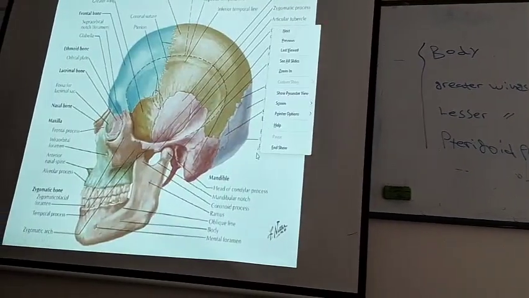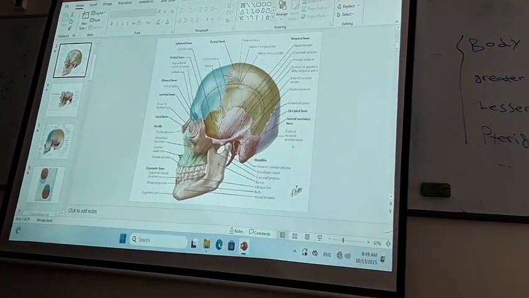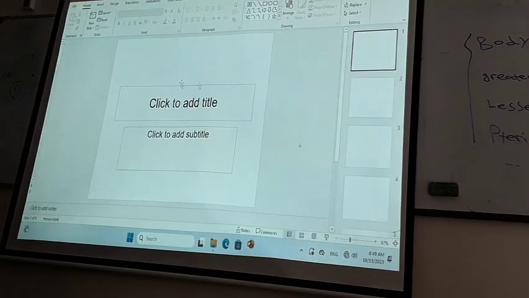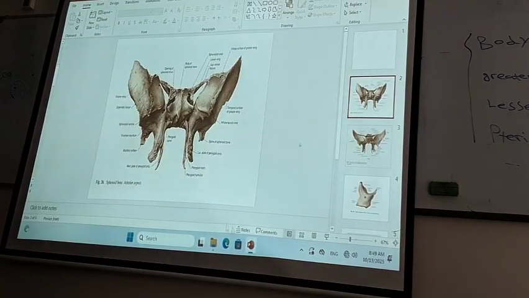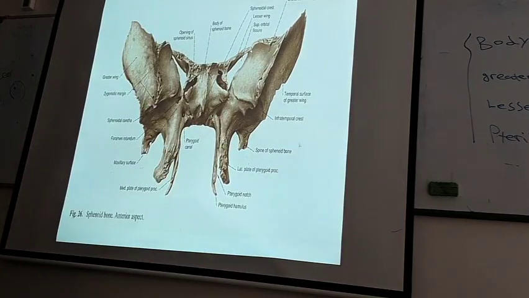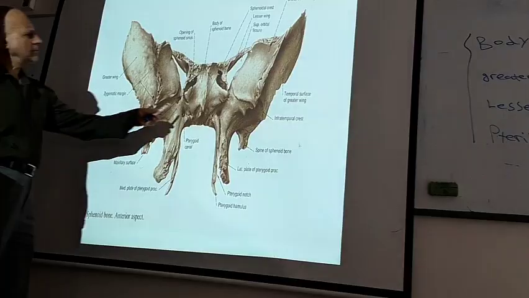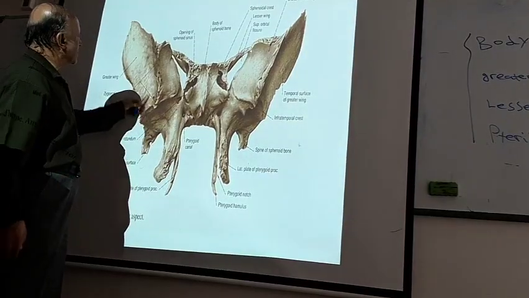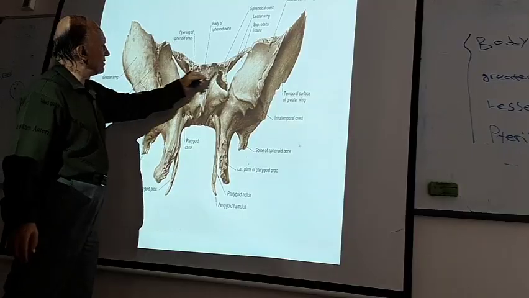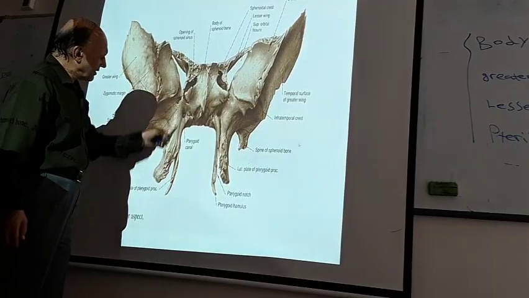You can see the sphenoid in another shape here. This is the anterior view of the sphenoidal bone. This is the body, this is the greater wings, this is the lesser wings, and this is the pterygoid process. Another shape is from the posterior view. This is a part of the body. This is the pterygoid process.